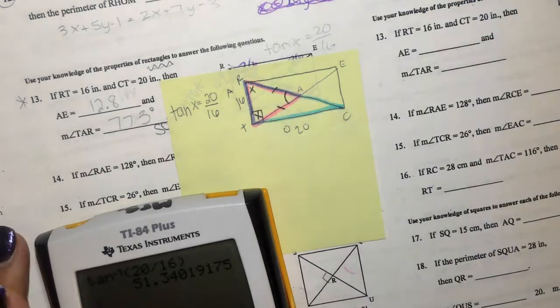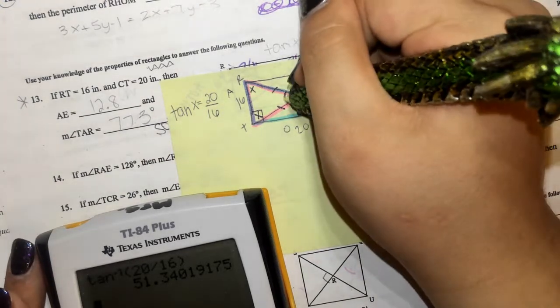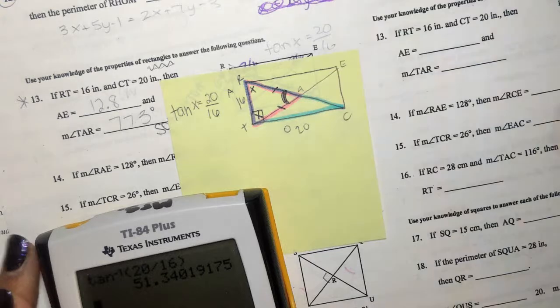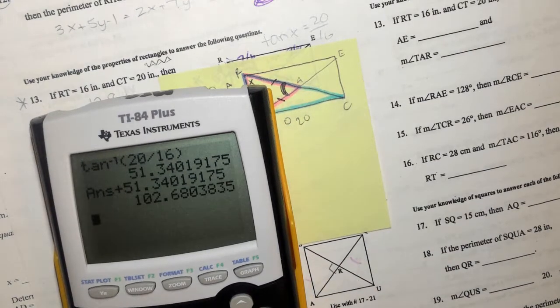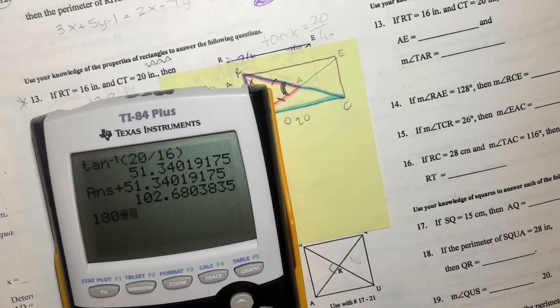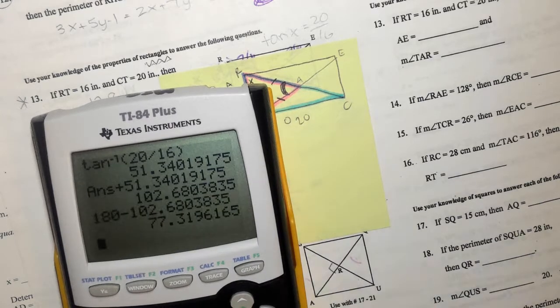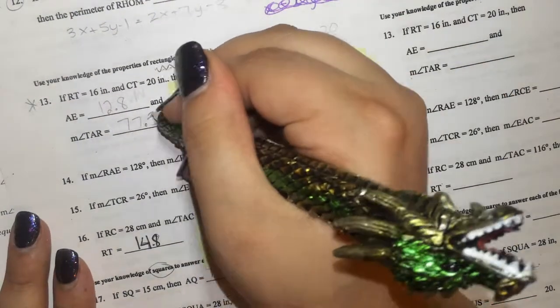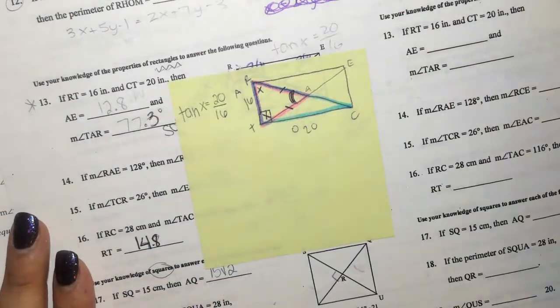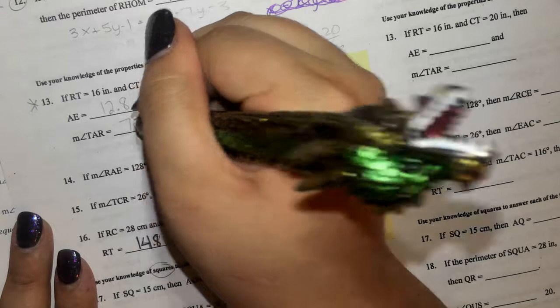So that is also x. How do I find my missing angle here? 51.3 times 2 and then subtract from 180, and what do I get? 77.8. And because it's an angle, I only want you to go 1 decimal place.